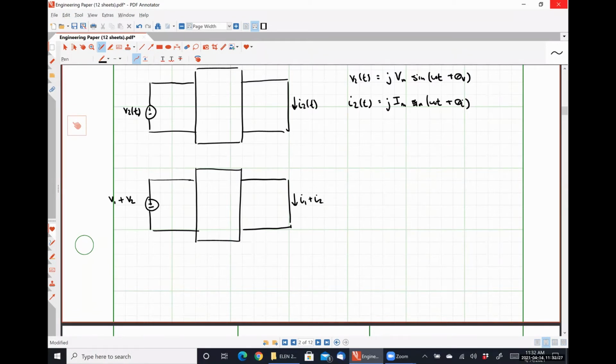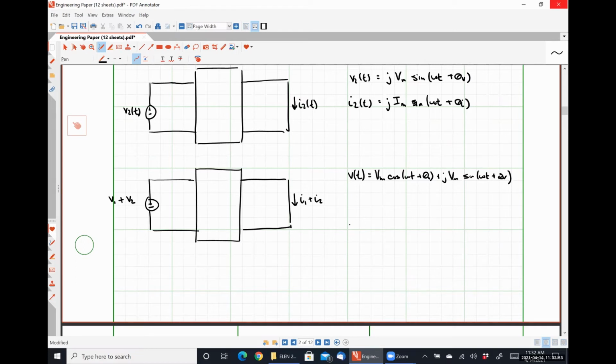So what this means is that the total input, V of t in this case, is of the form Vm cosine(omega t plus theta v) plus j Vm sine(omega t plus theta v).